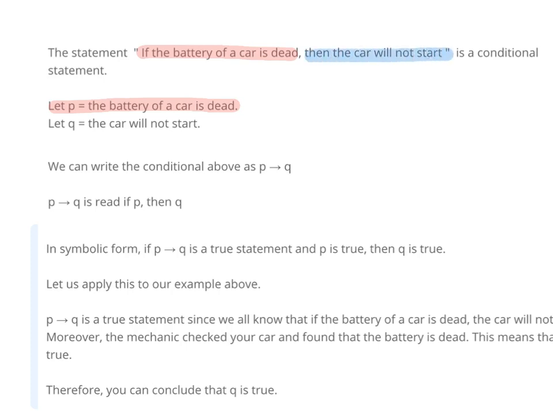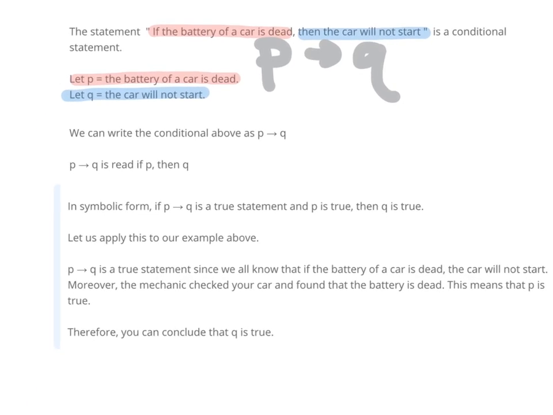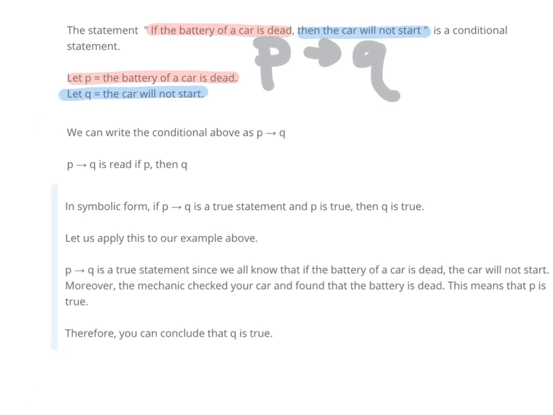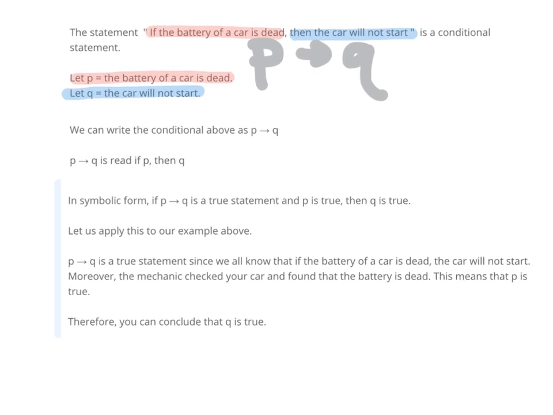Then the car will not start, so that's our Q. So this statement is given to us in the form if P then Q. So if P then Q is a true statement and P is a true statement, then Q would be a true statement.